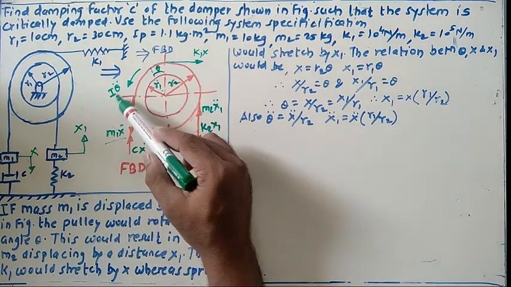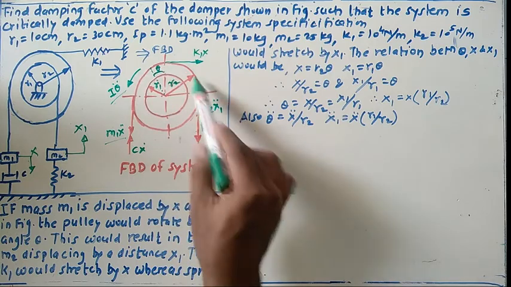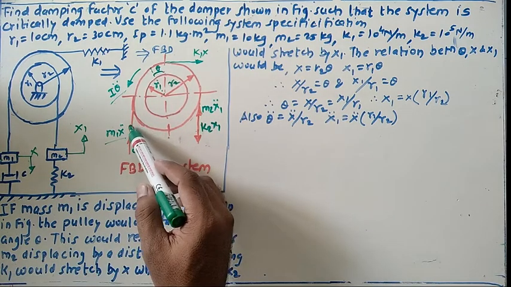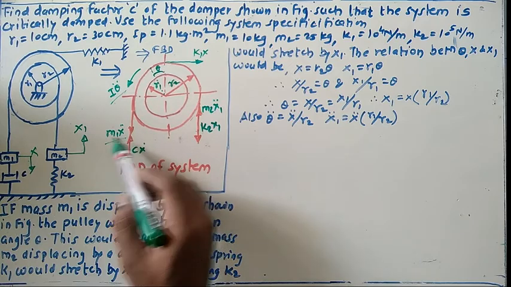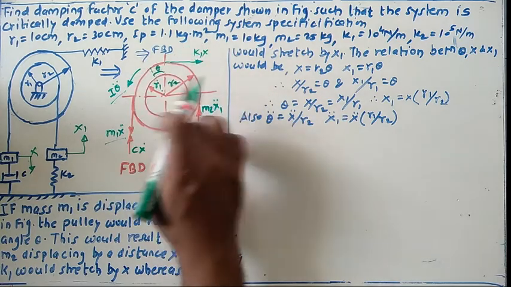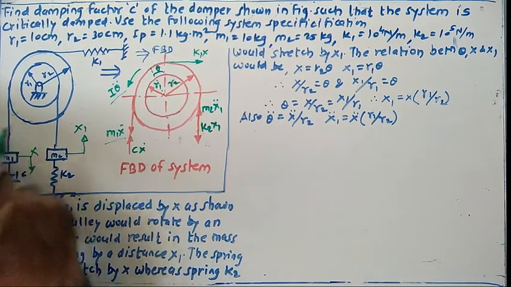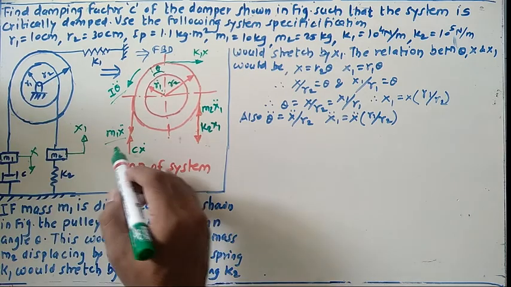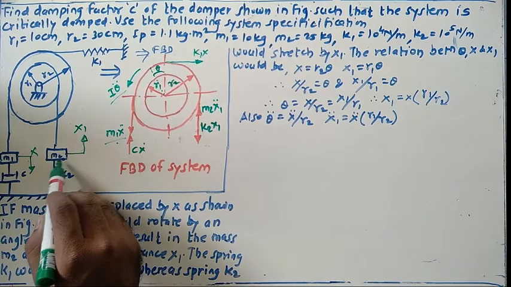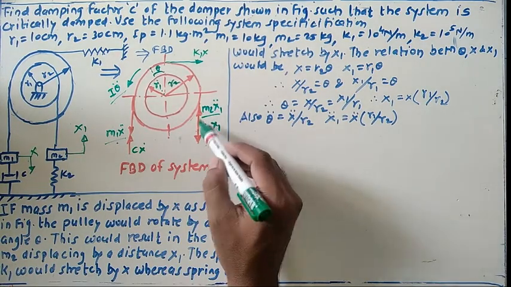And this indicates the accelerating force because of the motion of this pulley. Now see the direction of every accelerating force shown here. This comes in the direction of motion of that particular mass. This mass moves in the downward direction, so of course the accelerating force comes in the direction of the motion of the mass. This mass moves in the upward direction, so the accelerating force here is shown in the upward direction.